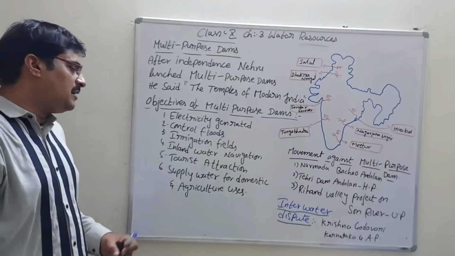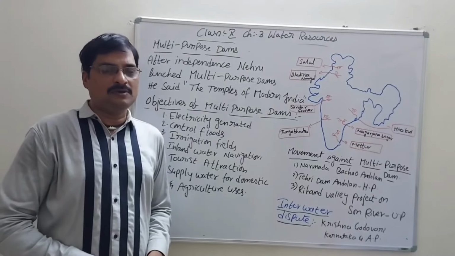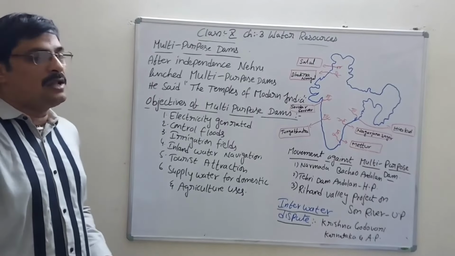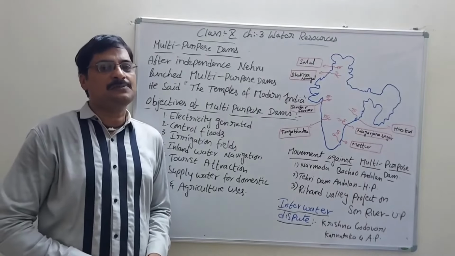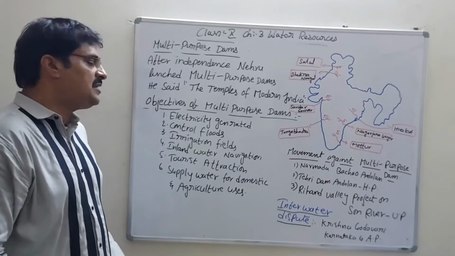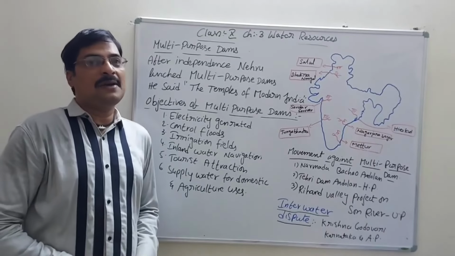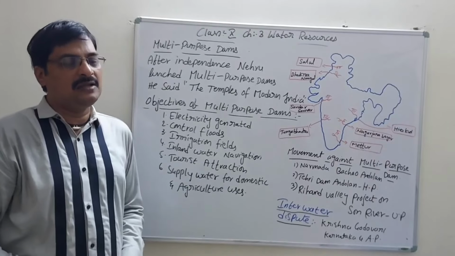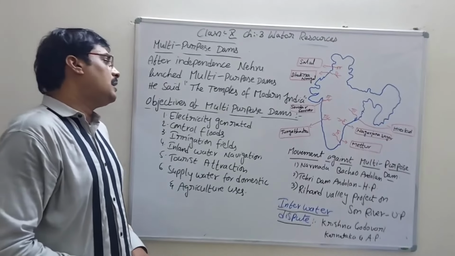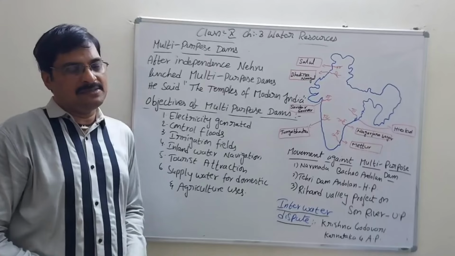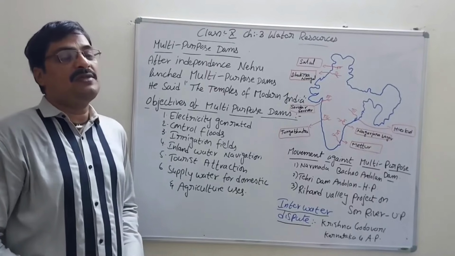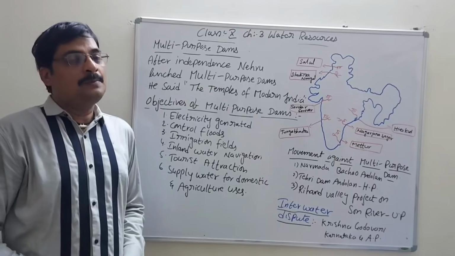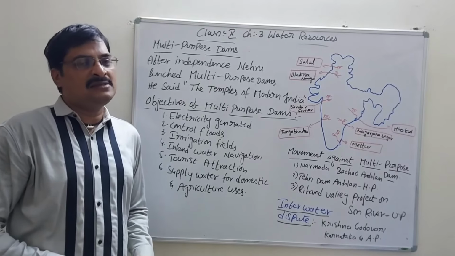Now the last one: supplying water for domestic usage and also agricultural usage. So these many facilities are there in multi-purpose dams. Yes, this is one of the important 5-mark questions for the board exam. People can easily write the answer.